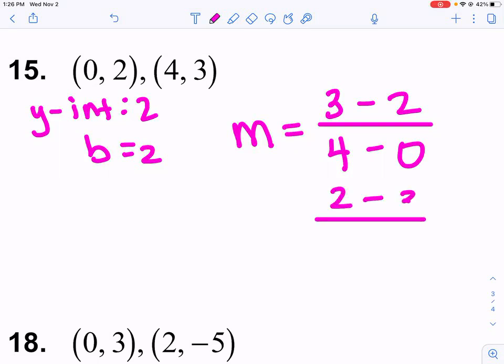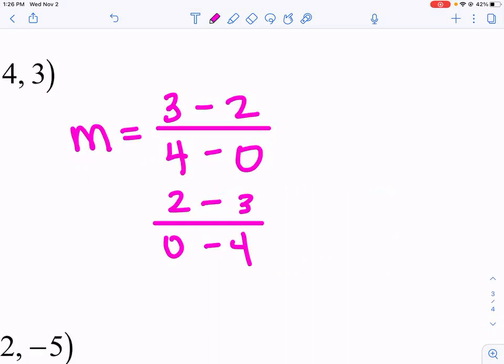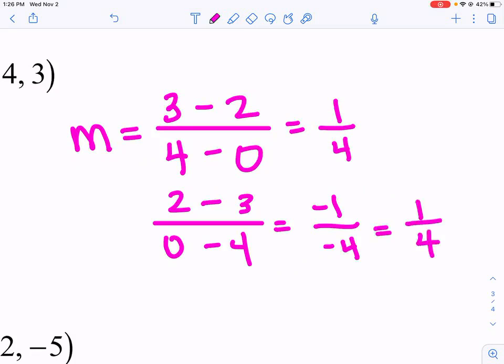Let's see. 3 minus 2 is 1 and 4 minus 0 is 4. 2 minus 3 is -1 and 0 minus 4 is -4. I repeat, do we get the same thing? They're the same thing. I don't see a negative.